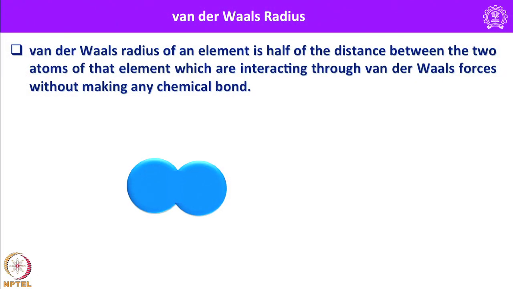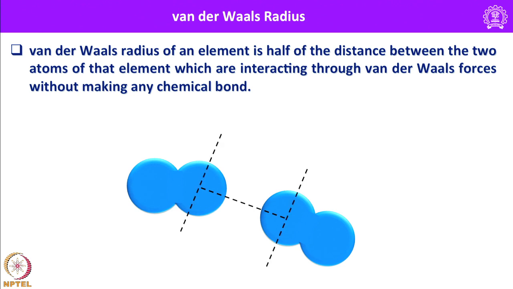Let us assume there is a diatomic molecule and another diatomic molecule in its close vicinity. The dotted line shows the distance between the two nuclei through van der Waals interaction, and half this distance is called the van der Waals radius.